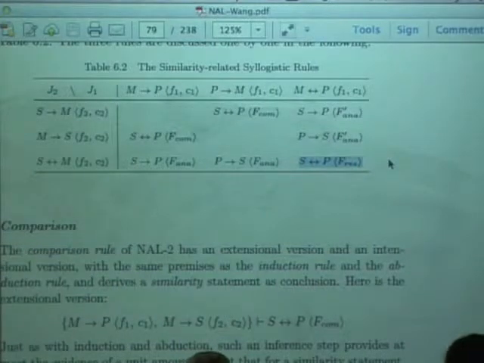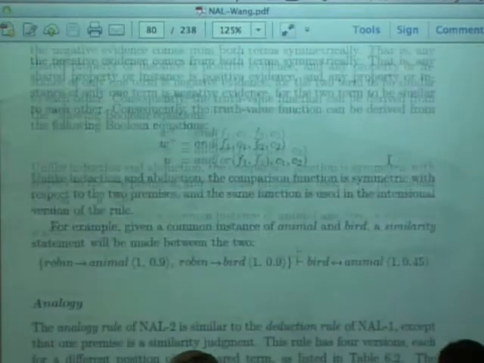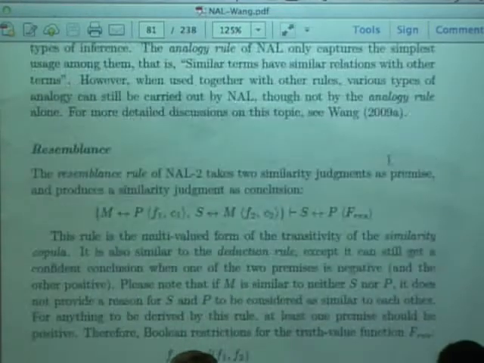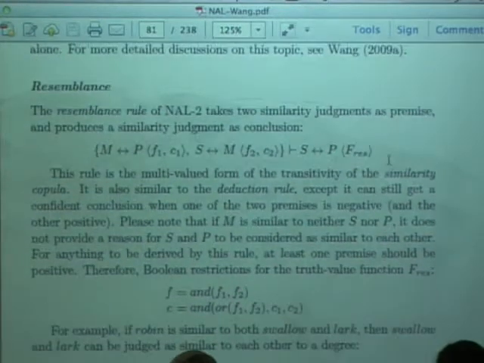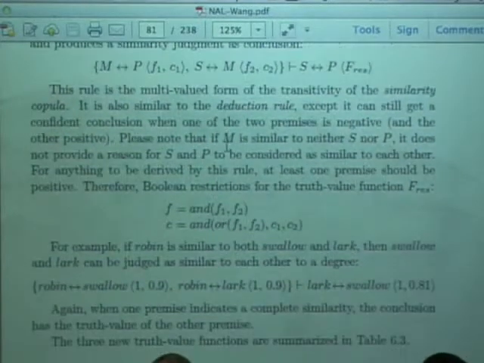But previously, in layer 1, we already defined deduction as the transitivity of the inheritance relation. In the similarity relation, later I realized the truth value relationships are actually not the same. So I introduced a new word just to separate the two. Probably not a very good choice, but I don't have anything better, so I call it resemblance. So you see, it's basically the transitivity of the similarity relation, and the truth value function is this.